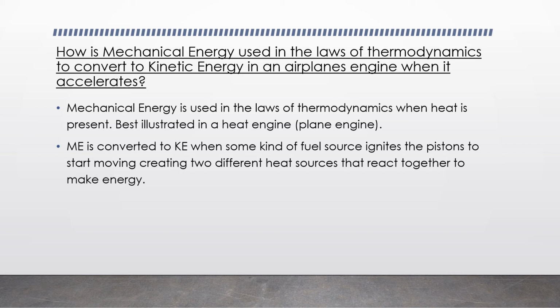Mechanical energy is converted to kinetic energy when some kind of fuel source ignites the pistons to start moving and to create two different heat sources that react to each other to make the energy. Not really heat sources, but heat temperatures. So higher heat and a lower heat. Like most machines, some heat or some energy is lost throughout the process of the heat engine, or any engines really. So it's not completely efficient.